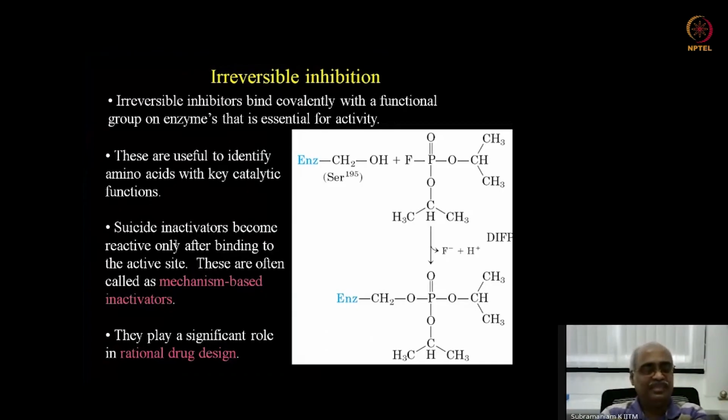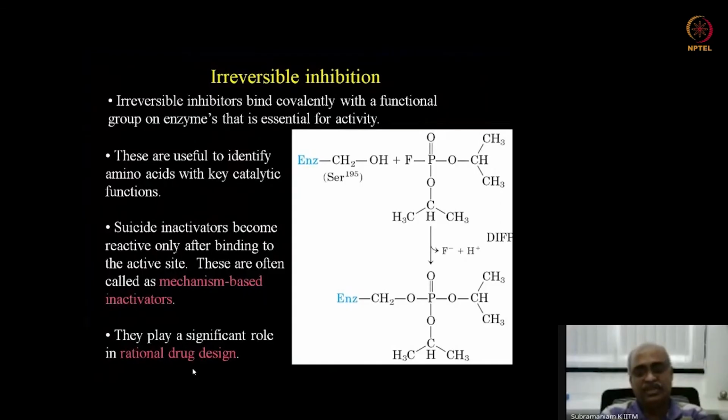These suicide inactivators undergo that kind of distortion, and when they do, they become reactive and then they kill the active site. That is why they are called suicide inactivators. And since the inhibition depends on the mechanism of the enzyme-catalyzed reaction, they are also called mechanism-based inactivators.